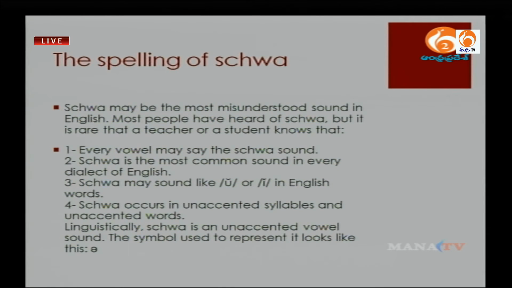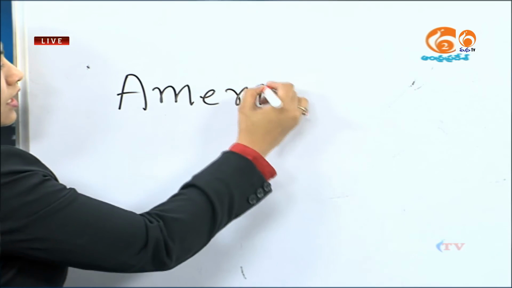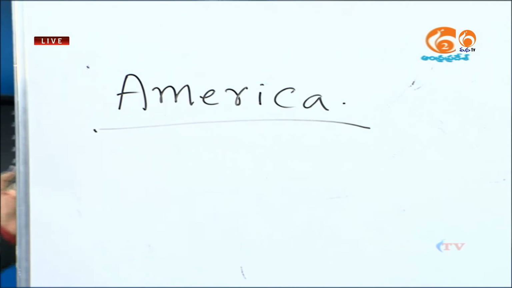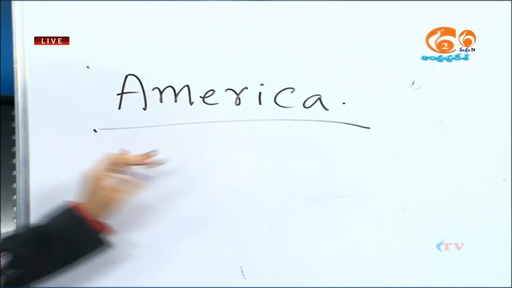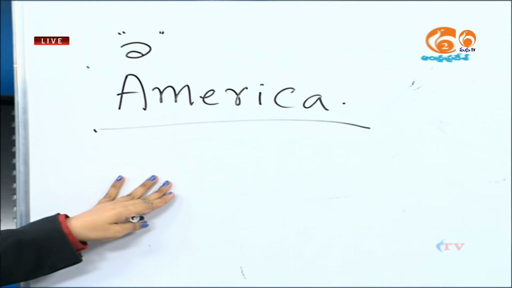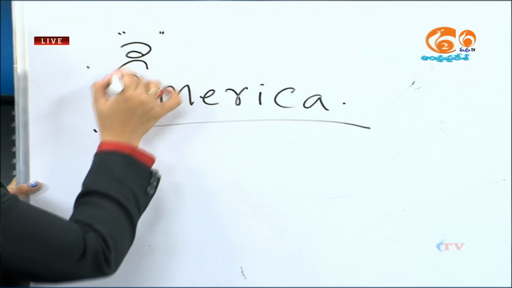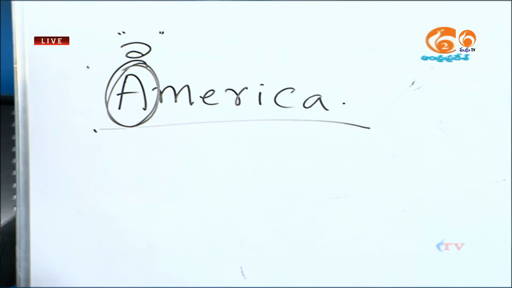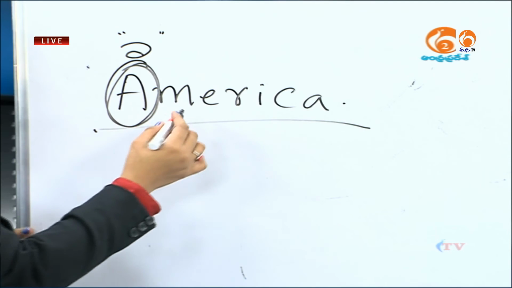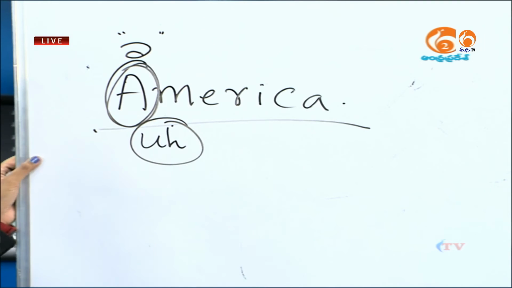Let's all look at the board once again. Most of the words which start with A have schwa at the start of the word, and it is important for us to understand it is unstressed. It is not stressed or accented, and hence this word is pronounced as America with a very short, not stretched, sound.